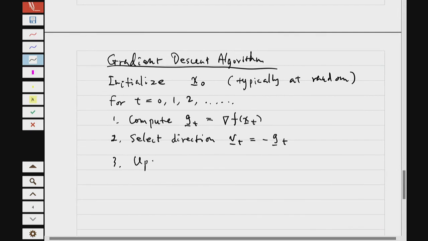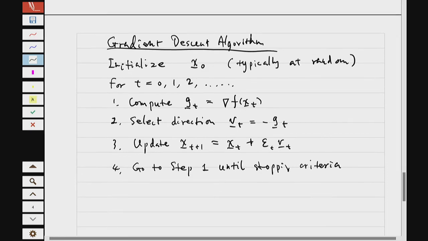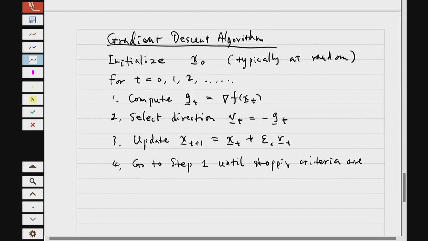And then we update x t plus 1 from x t by just multiplying some epsilon t, some step size, multiplying v t. And then we go back to step 1 unless you're close enough to the optimum, until the stopping criteria, usually there could be multiple actually, are reached.